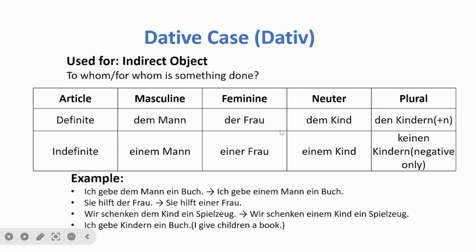And in indefinite article we use einem, einer, einem, and keinen Kindern. Either we use den Kindern or keinen Kindern. So dem Mann, der Frau, dem Kind, den Kindern. And indefinite article is einem Mann, einer Frau, einem Kind and keinen Kindern.